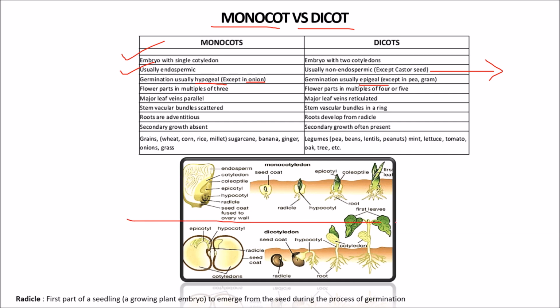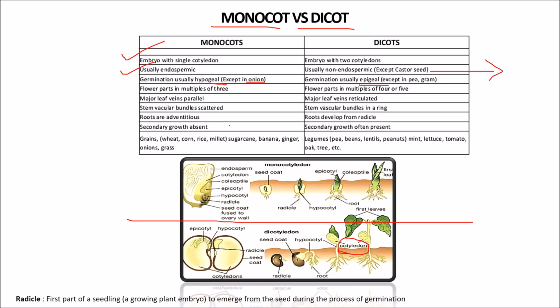If we compare them, in the monocotyledon the cotyledon will remain inside the soil, this part is inside the soil. And in this case, the cotyledon is above the soil, you can see clearly here.